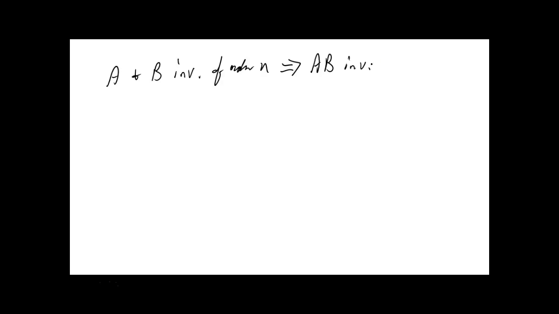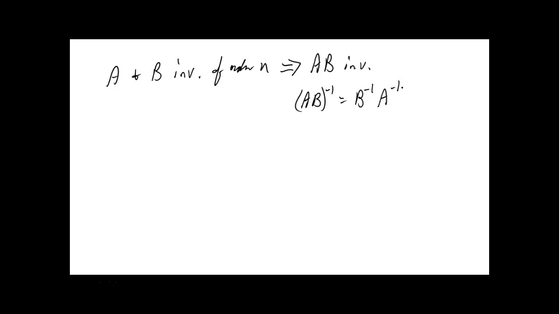Well, certainly if they're both n by n matrices, you can multiply them together, and the product will be an n by n matrix. Okay? Now this says that the product AB is also going to be invertible. We saw that in the last discovery, at least for one of them. And then here's the second part, that the inverse of AB is going to be B inverse times A inverse.